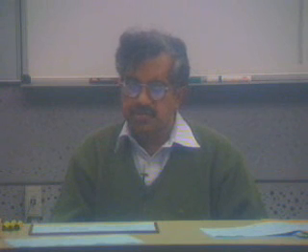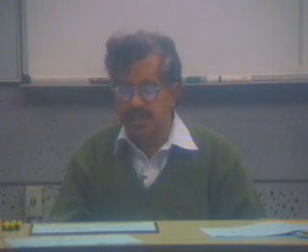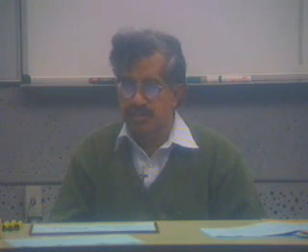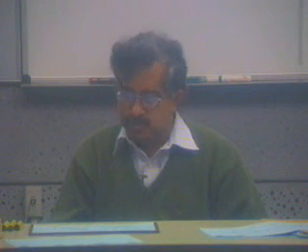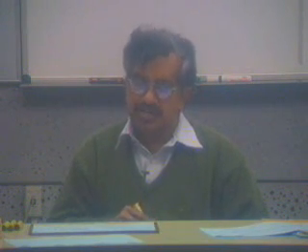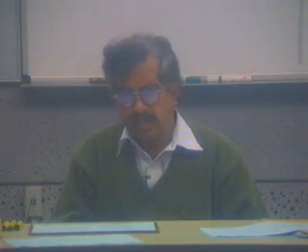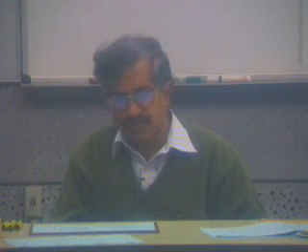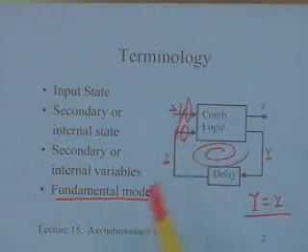Now the problem is, things get more complicated if I permit multiple inputs to change simultaneously. So a very simple assumption that is made is that such designs are typically done with what's called the fundamental mode of operation of the circuit. If there is only one input, then there is really no problem.